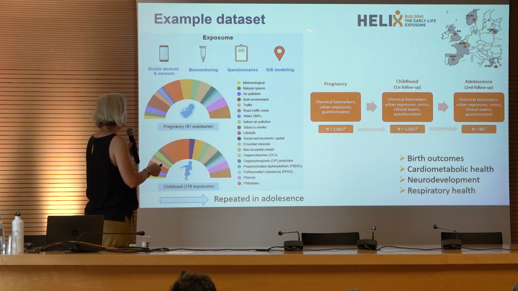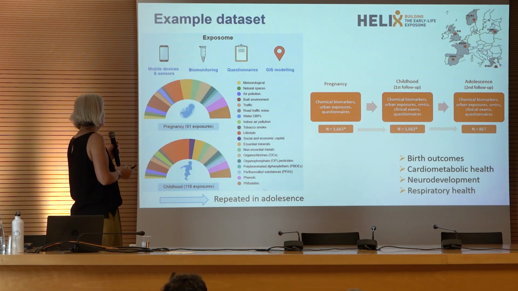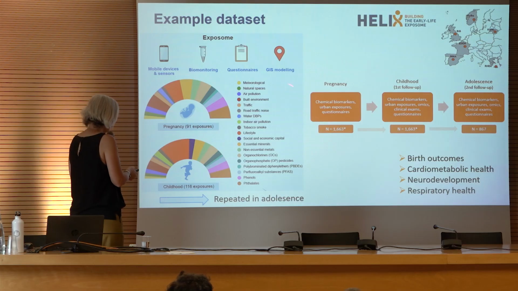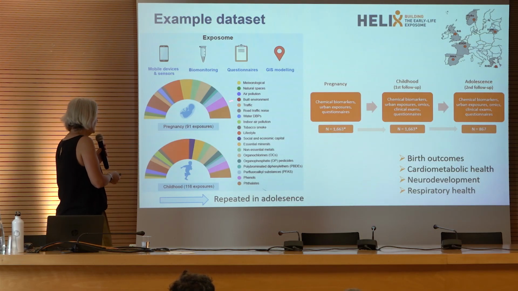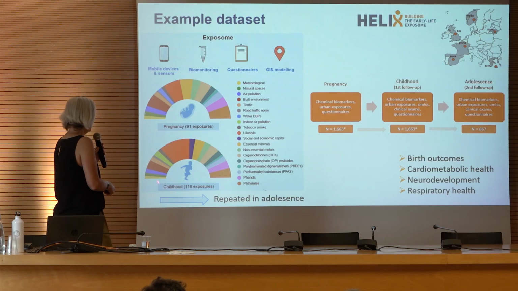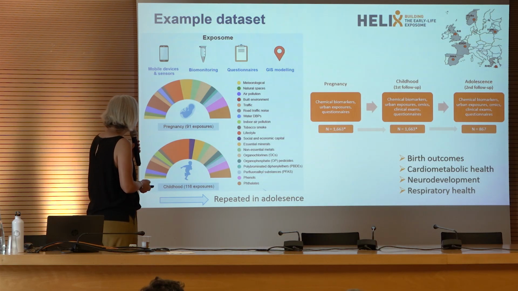And then we did a lot of the geospatial modeling to model a lot of the exposures in the urban environment, including air pollution, but also many variables related to the built environment, traffic, noise, etc. And these exposures, we had around 100 different exposures in pregnancy, slightly more in childhood, and these same exposures and the data collection was repeated in adolescence.